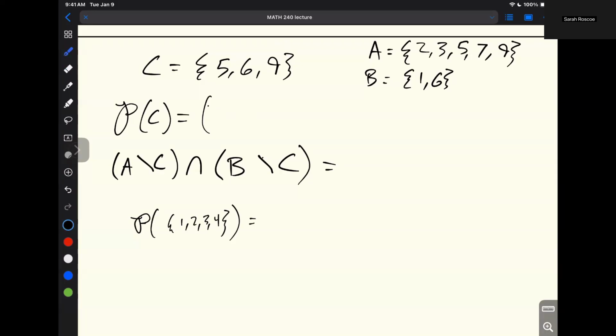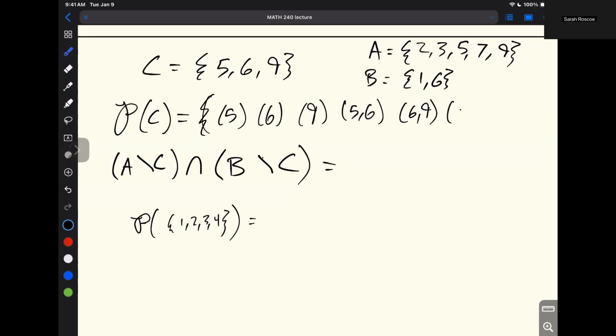Just yell sets at me. 9, 5 and 6, 6 and 9, 5 and 9, 5, 6, and 9, and the empty set.